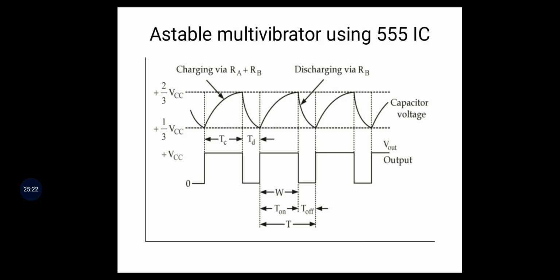The output of the astable mode is between 0 and plus VCC. In this way, the capacitor charges via RA plus RB and discharges via RB, and the output of the astable mode is a rectangular waveform.